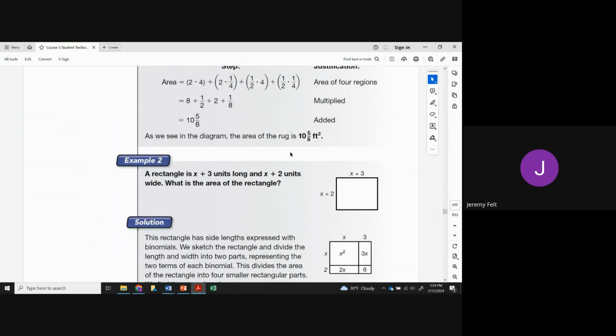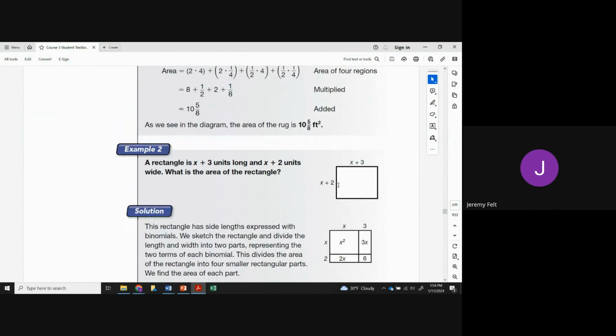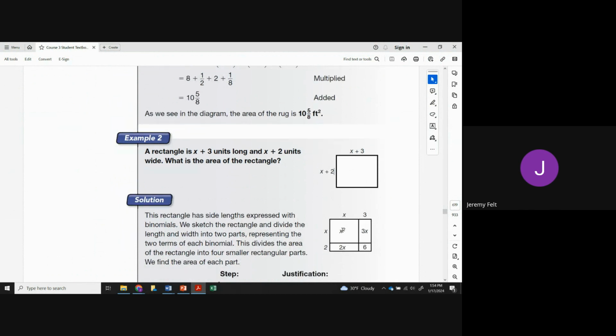Okay, and this kind of helps introduce the multiplication of binomials. So a binomial, again, 2 terms, 2 terms. If I'm multiplying x plus 2 times x plus 3, I can use this area method to come up with the solution, which is going to end up being a trinomial.